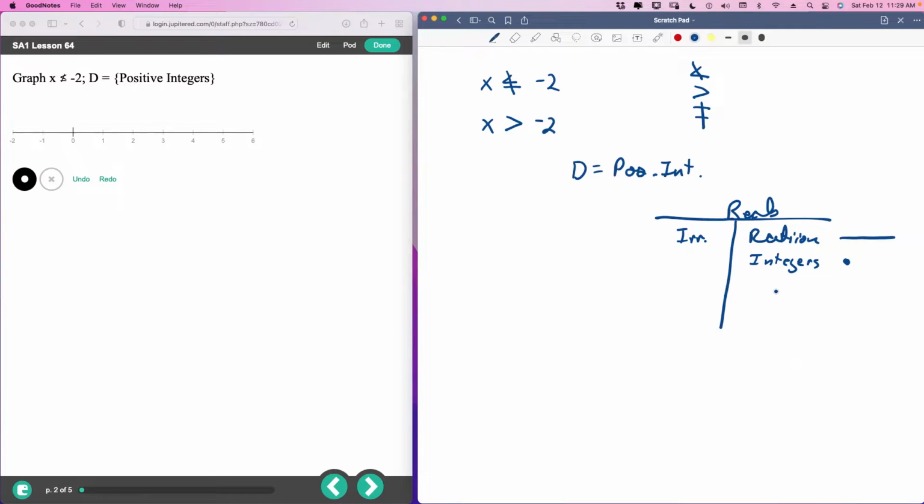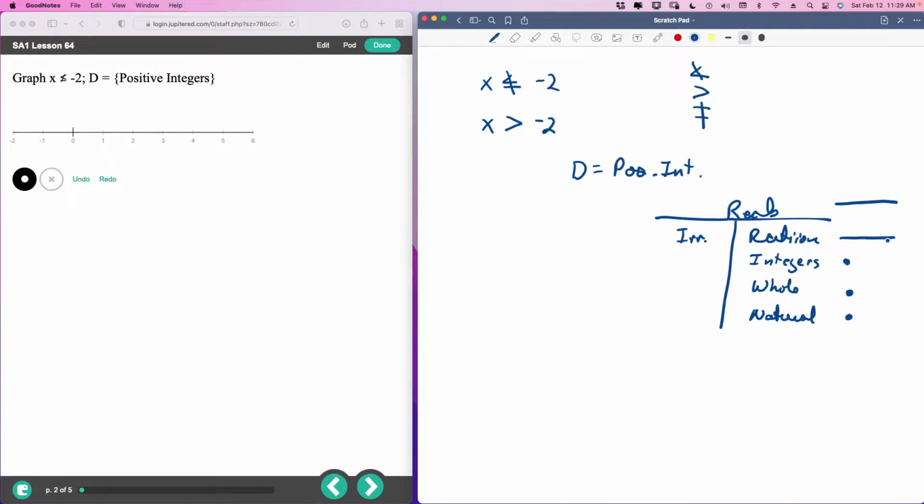Everything below integers, which would be whole numbers and natural numbers, those include the dot as well. Reals is the line, rational is the line, integers, whole numbers, and natural numbers are the dots. That's how you know the difference. This includes everything.